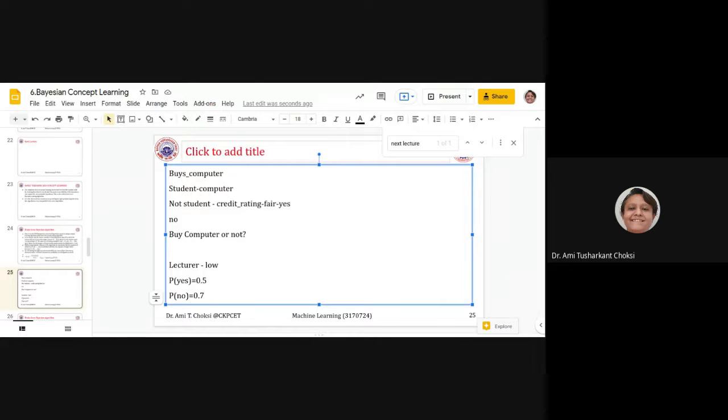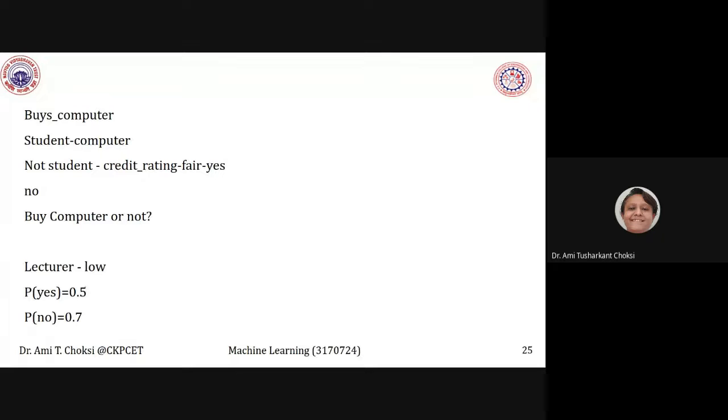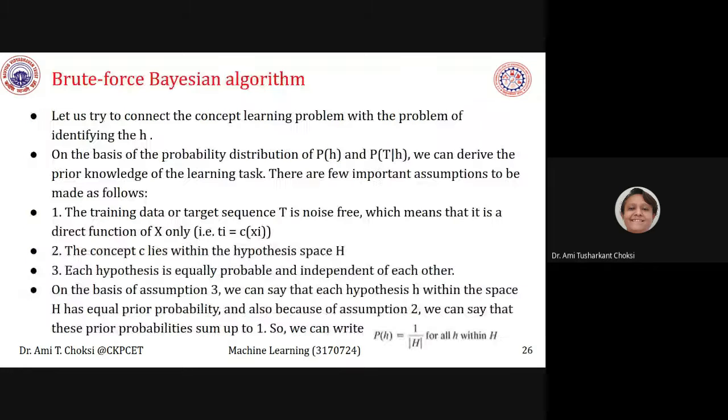So for both the classes, we'll find the probability. Whatever is the maximum, we will choose as the answer, whether the person will buy a computer or not. Fine? Okay. So let us proceed.